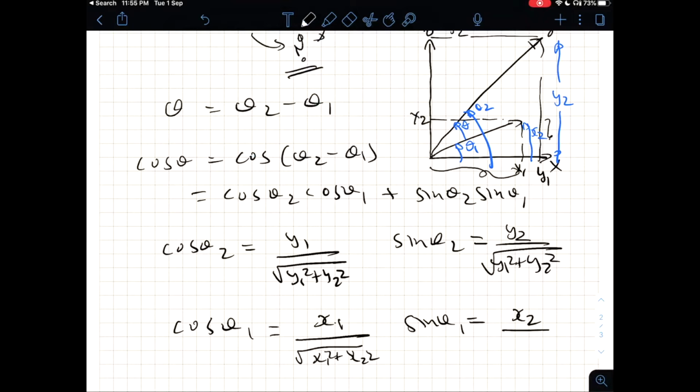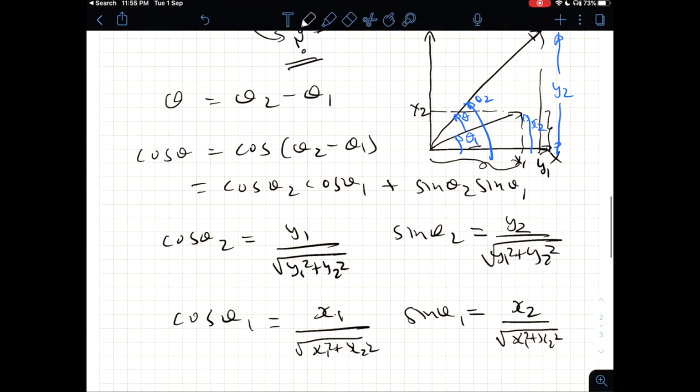Here the base is x1, and the perpendicular with respect to theta 1 is x2.